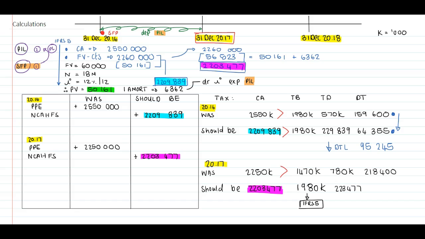Deferred tax liability, 62,574. Therefore, a decrease in our deferred tax liability from the 218,400 to the 62,574, and this will be a decreased deferred tax liability to the amount of 155,826.